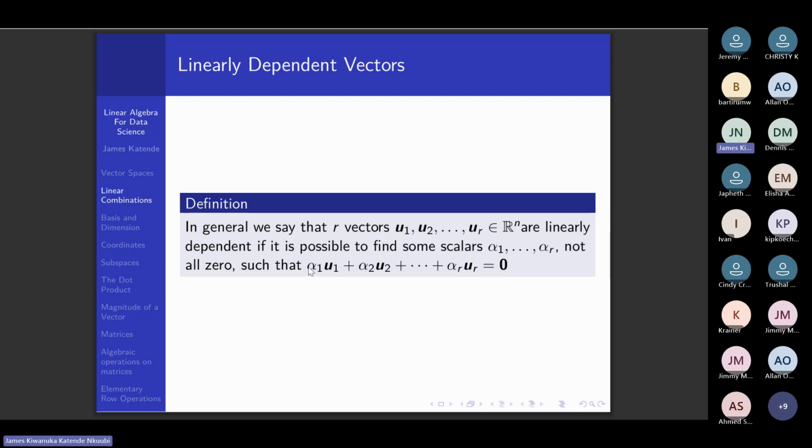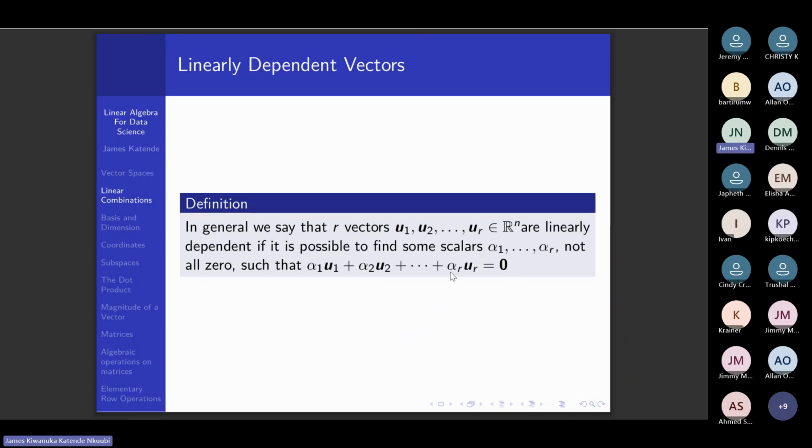So if you can find these scalars, alpha 1, alpha 2, up to alpha r, such that this linear combination of all these vectors, u1 up to ur, equals 0, the 0 vector. Remember, when you add vectors, you must get a vector. So this bold 0 here is not a number, it's a vector in Rn whose components are all equal to 0.